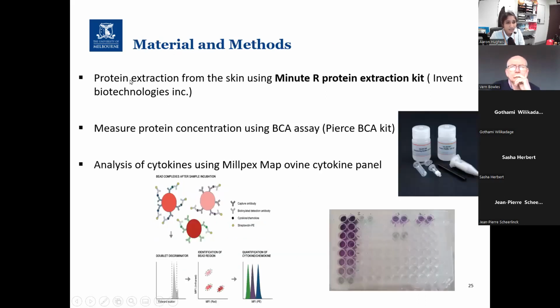Here I have already extracted protein from the skin samples using this kit, and then I have to measure the protein concentration. Then I'm using the Millipex cytokine kit to detect the cytokines present in the skin samples.